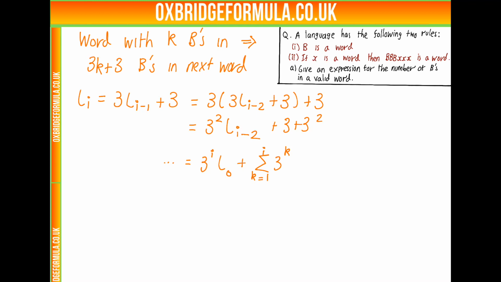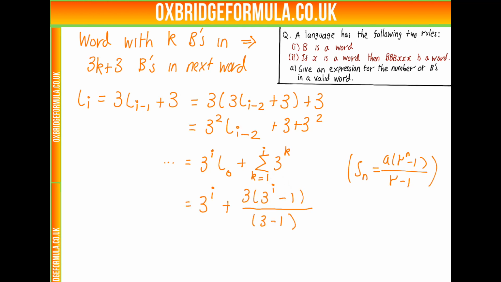But the thing to notice is that this is a geometric progression, and we know that for a geometric progression, if we sum up to n terms, it's a times r to the n minus 1, over r minus 1. And we can do that here. So we know this is 3 to the i, we know L0 is 1 because it's just B, so we'll just put that in, plus 3 times 3 to the i minus 1, because the common ratio is 3, over r minus 1, which is 3 minus 1.